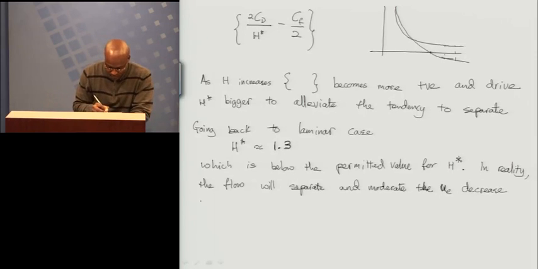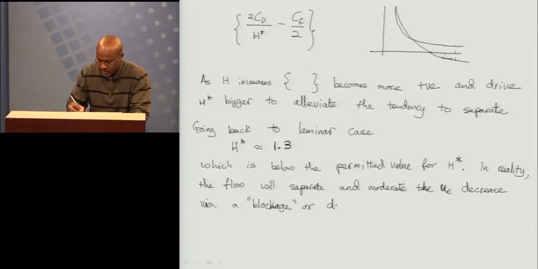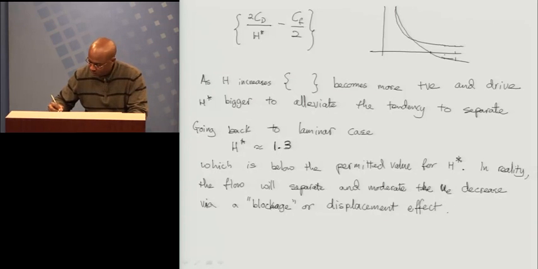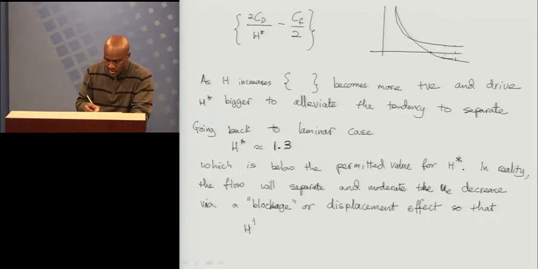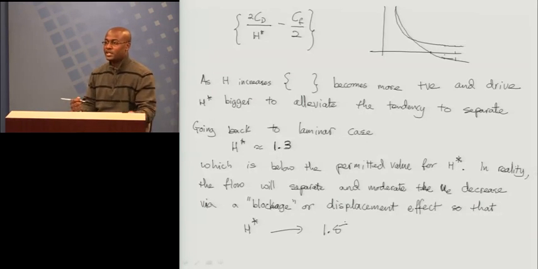And some people refer to it as a quote-unquote blockage, or, if we want to say, a displacement effect. It does that in such a way that the H star value would tend to go back to being at least 1.5.